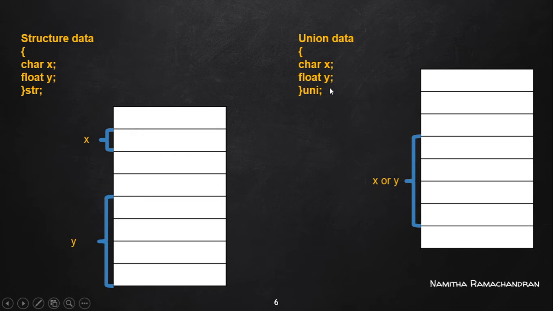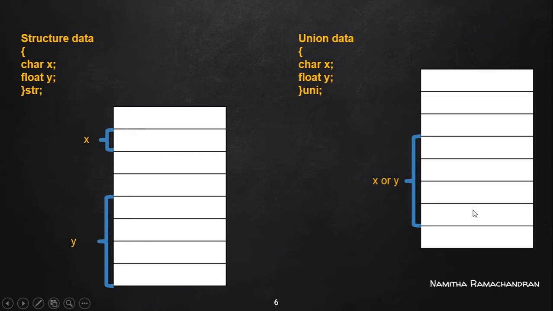If we want to initialize a character type value, it uses the same space, and from these consecutive 4 bytes, 1 byte is used for storing the value. And for storing the floating point value, it uses the same 4 consecutive bytes of space. We can store that floating point number value.